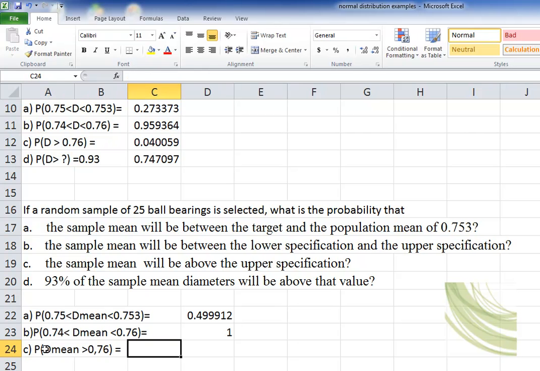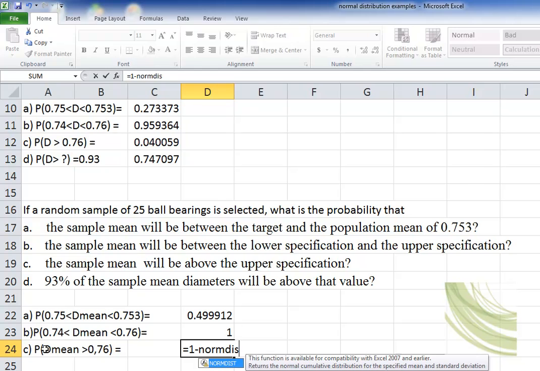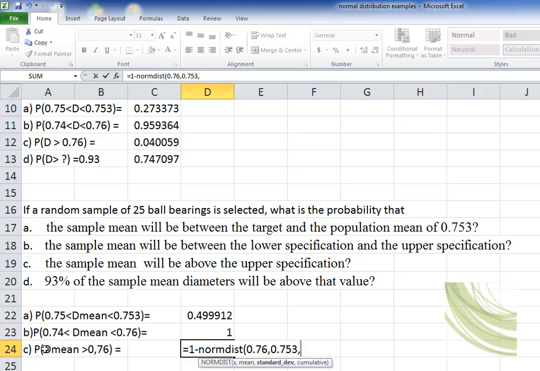So now this is equal 1 minus NORM.DIST. So you put 0.76, the mean 0.753, then standard deviation 0.004 divided by SQRT 25, then comma 1.